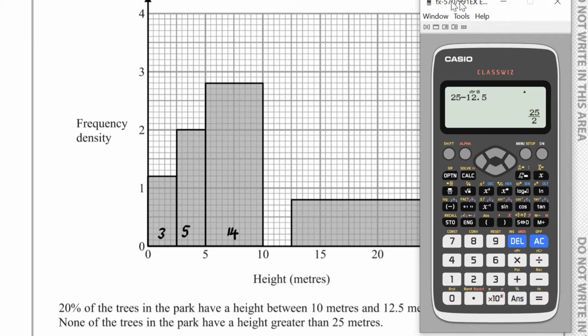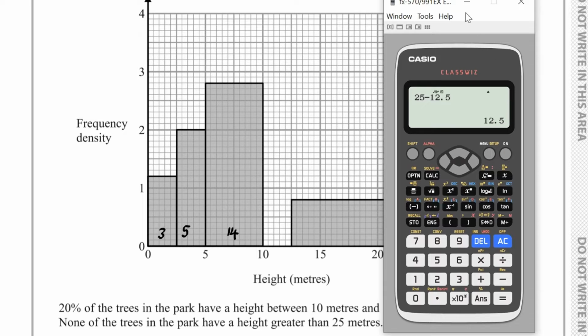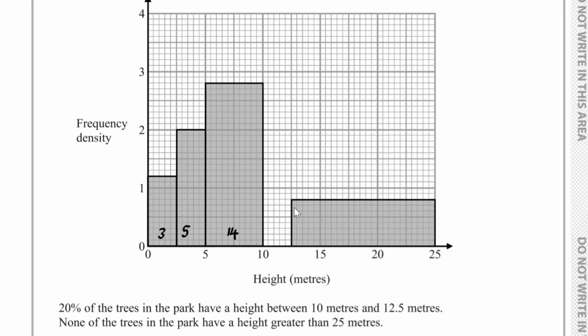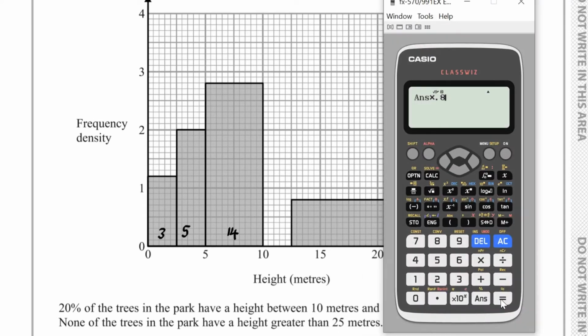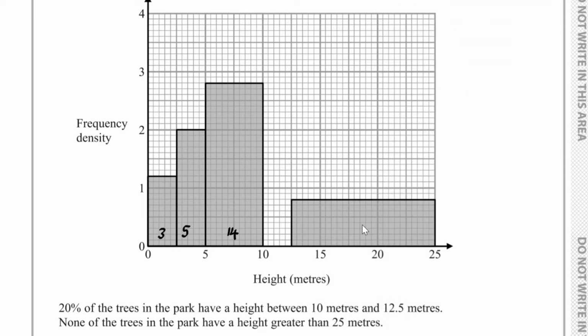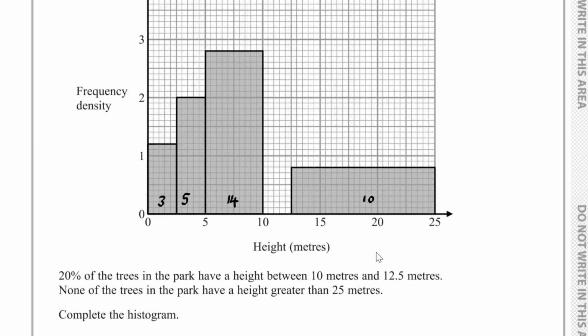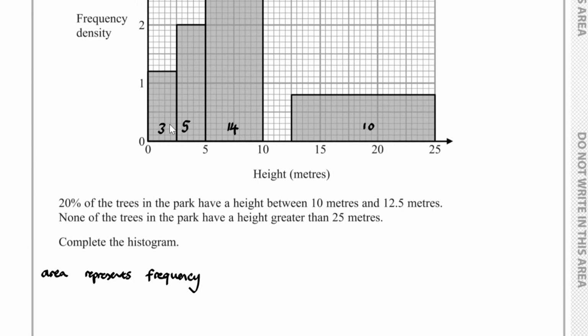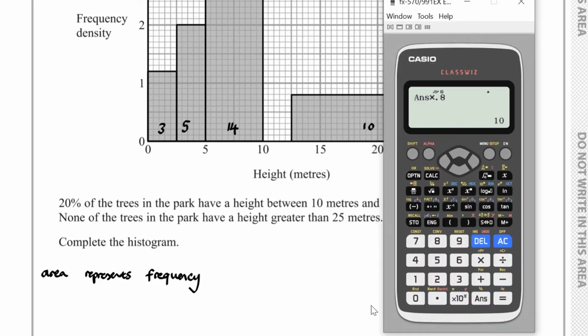That's 12.5, and multiply that by the height of 0.8. Turns out we get 10. Okay. So 3 plus 5 plus 14 plus 10, that's equal to 32.